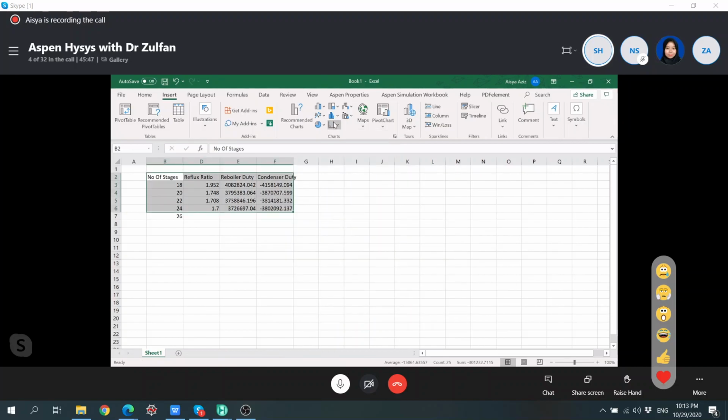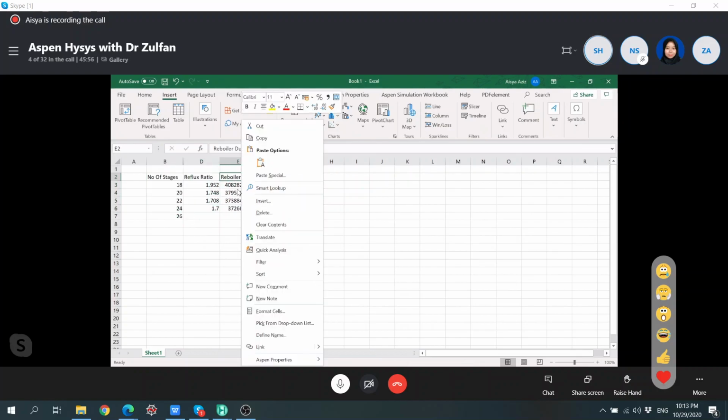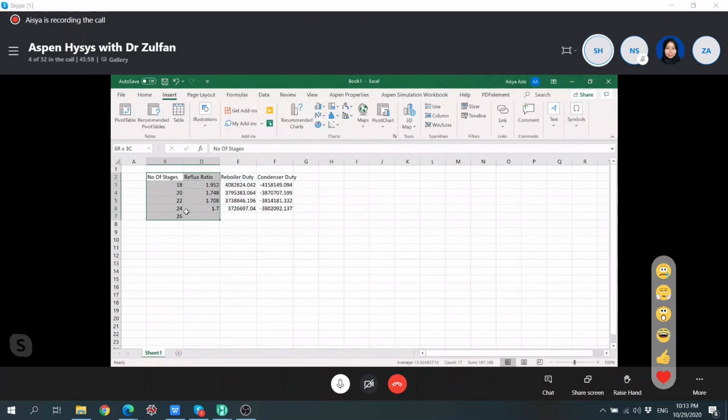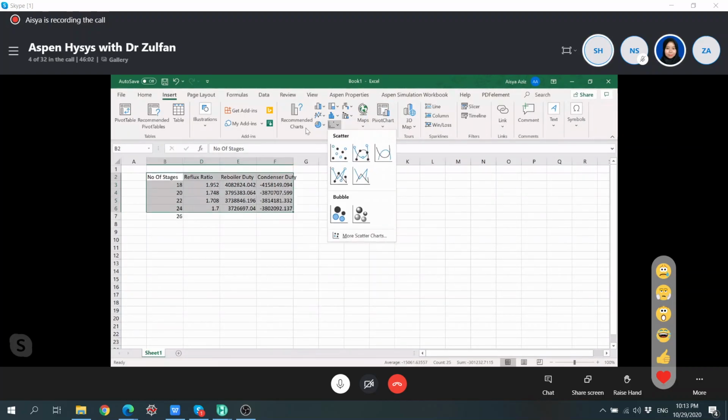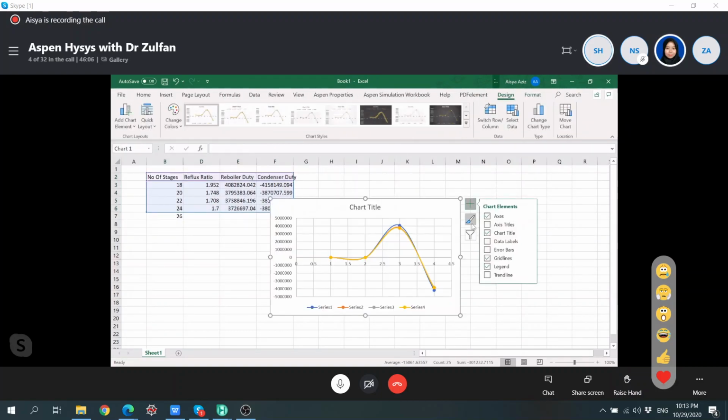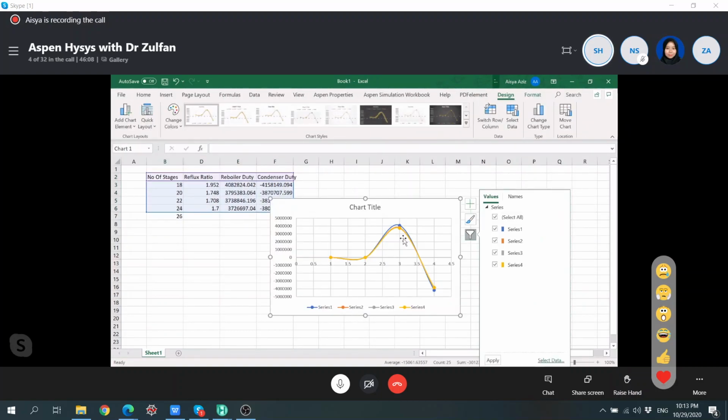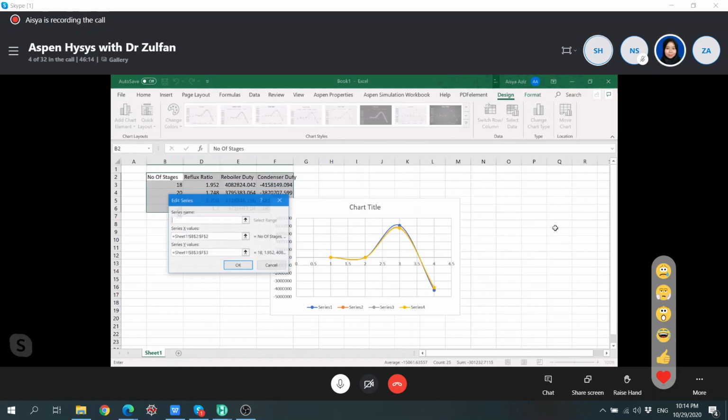Now you have to check which one is which. You want to make the number of stages the x-axis and the rest the y-axis. That is the correct way. Here you can double click on this one.